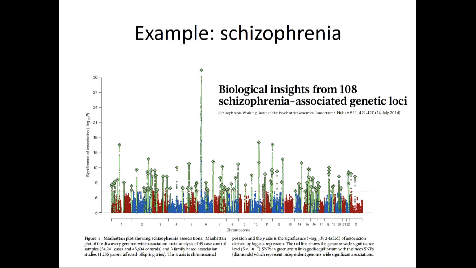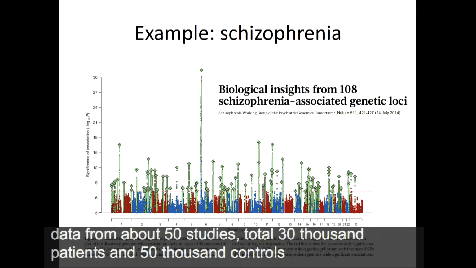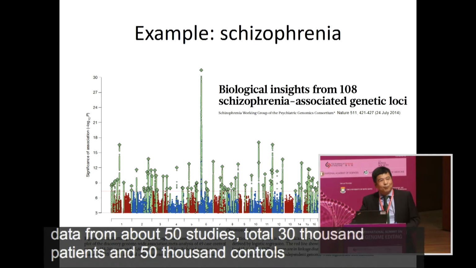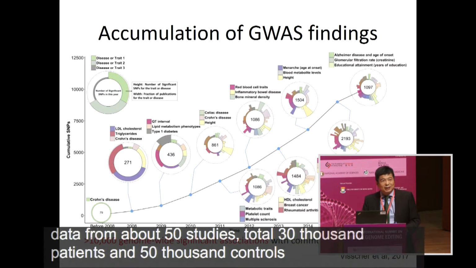This huge international collaborative effort was able to detect 108 loci for schizophrenia, which is a complex, severe mental disorder, sometimes referred to as the graveyard for geneticists in the past, because it was thought to be so complex and so hopeless. But we now have 108 independent loci and more coming as well.